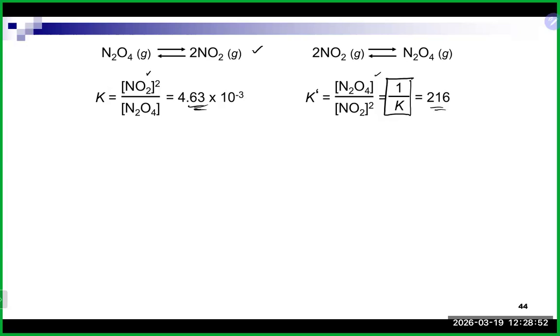Now, when you are looking at a K value, it is specific for the temperature, as we talked about, because temperature is the one thing that can affect the K value, but it's also specific for exactly how that reaction is written, who is on the reactant side, who is on the product side. So if I said the K value for this reaction is 4.63 times 10 to the minus 3, I am specifically talking about how the reaction is written on the left-hand side.